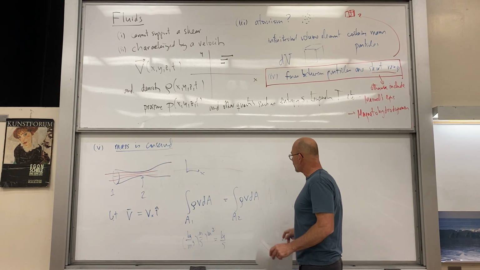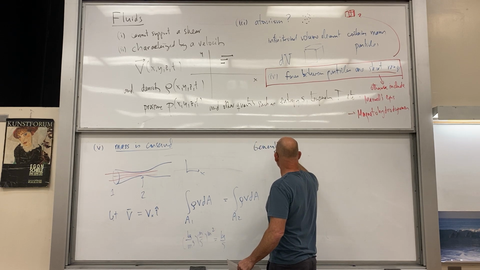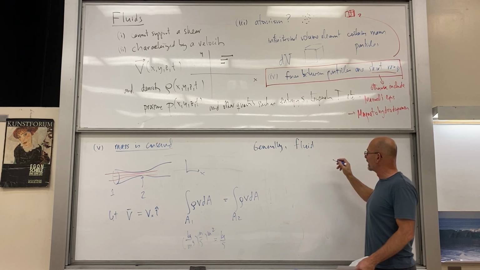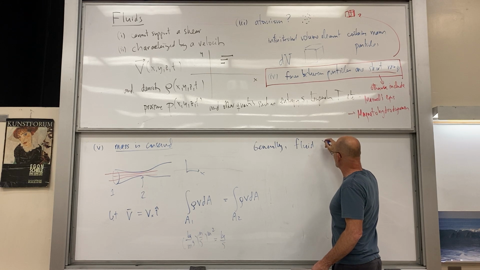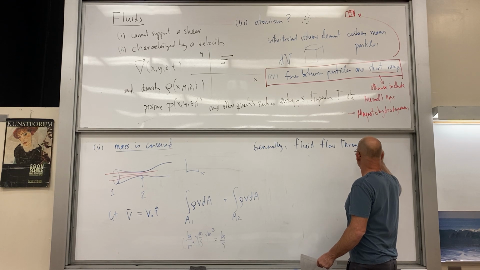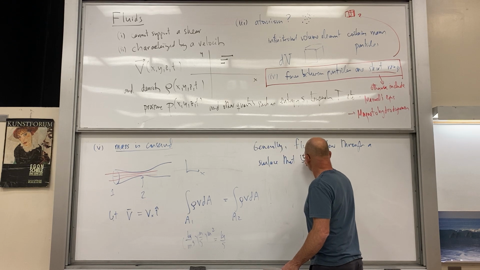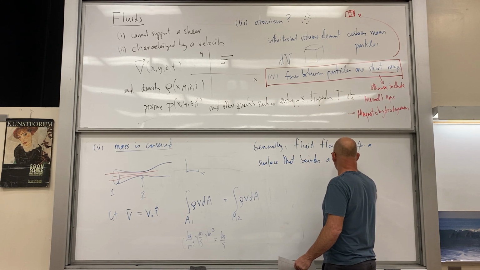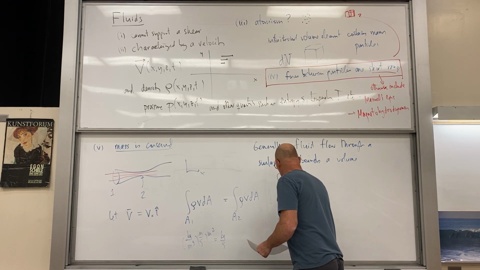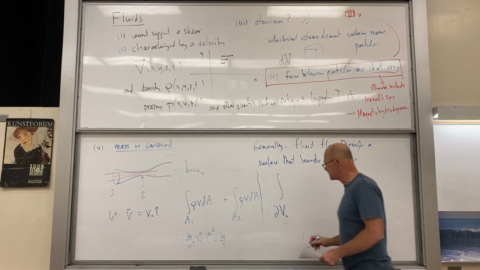Now let's make this a little bit more general. Generally, fluid flows through a surface that bounds a volume. We'll use the boundary of the volume, which I'm going to call del V0.